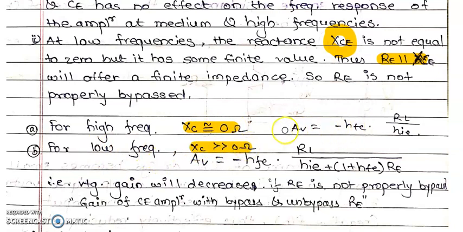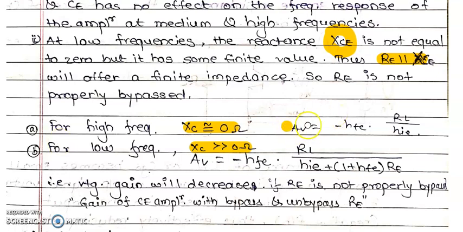That's why the voltage gain AV is given by the formula minus hfe into RL divided by hie, while for low frequencies the voltage gain is given as minus hfe into RL divided by hie plus (1 plus hfe) into RE. That is, the voltage gain will decrease if RE is not properly bypassed, and the gain of the CE amplifier will be with RE bypassed and unbypassed.